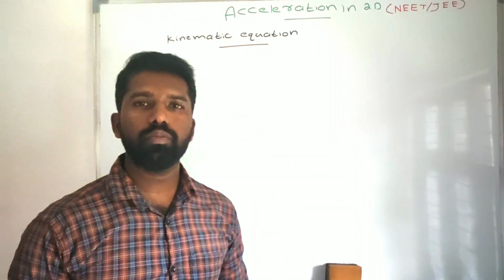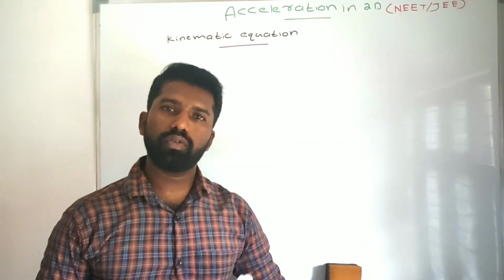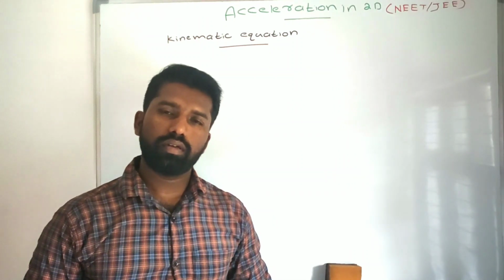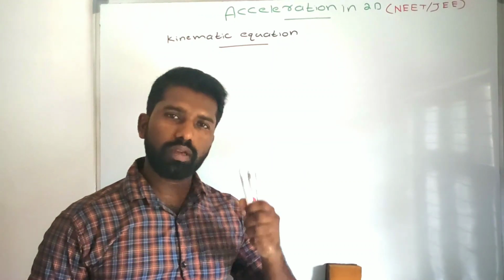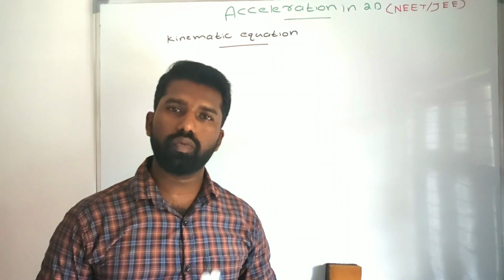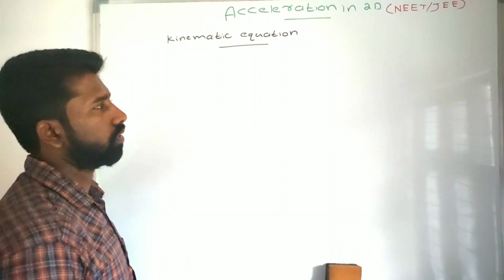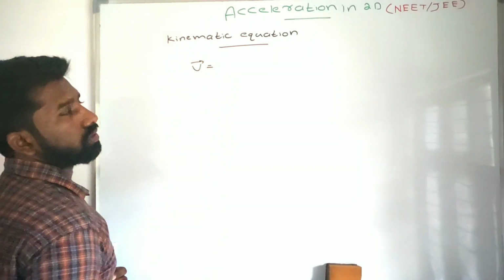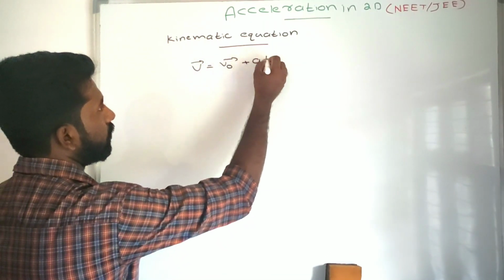Kinematic equation. If a body is moving in a plane with a constant acceleration, the velocity at any instant has two components and the position at a particular instant also has two components. Okay, so that motion we can consider as the combination of two independent motions. One is along the x direction and another is along the y direction. Okay, so the velocity after a particular instant we can write as v is equal to v naught plus at.